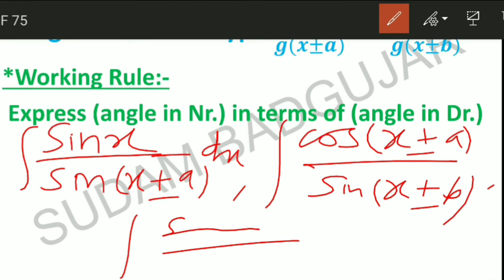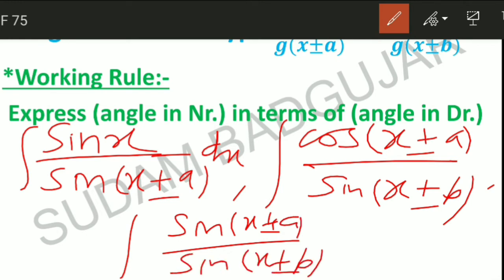I want to show in detail, that is sine upon sine of x plus or minus a upon sine of x plus or minus b into dx, or cos upon cos form. Now only two types of function are here, means it is in sine and cos only, not tan, sec or other trigonometric functions, or inverse type of function. It should be in terms of sine or cos.